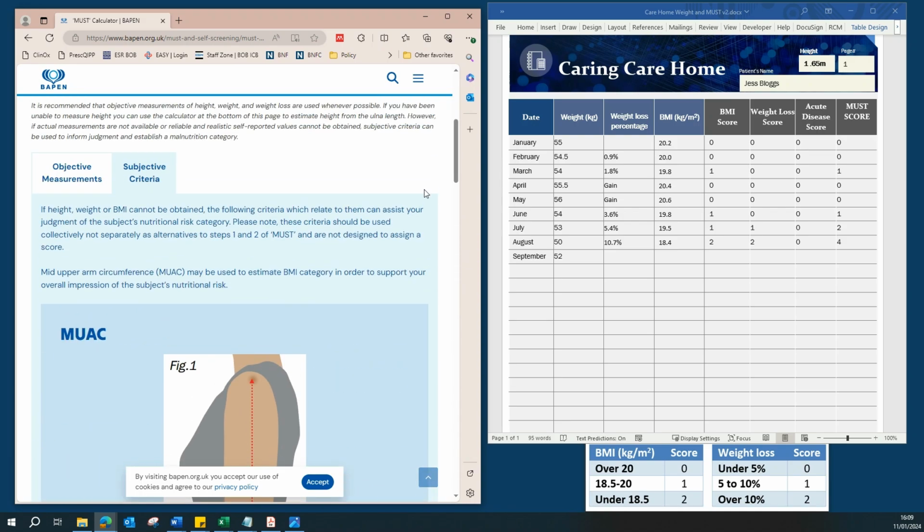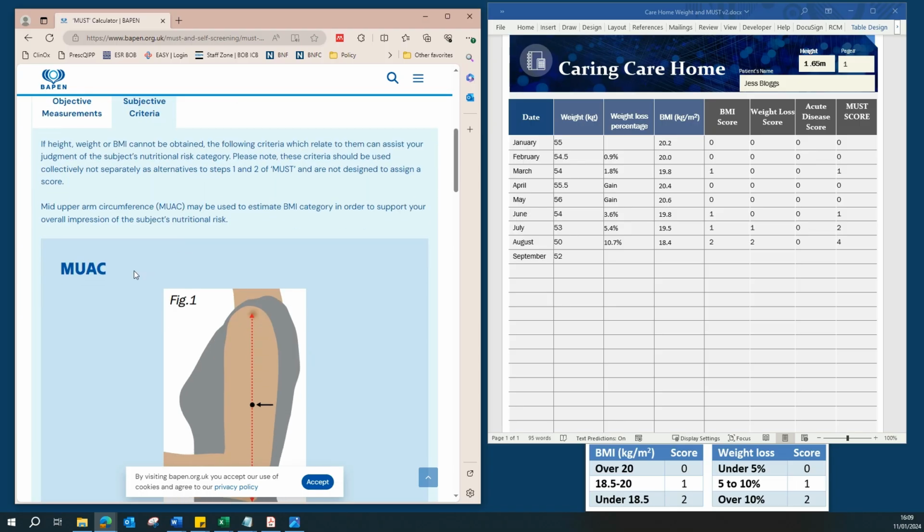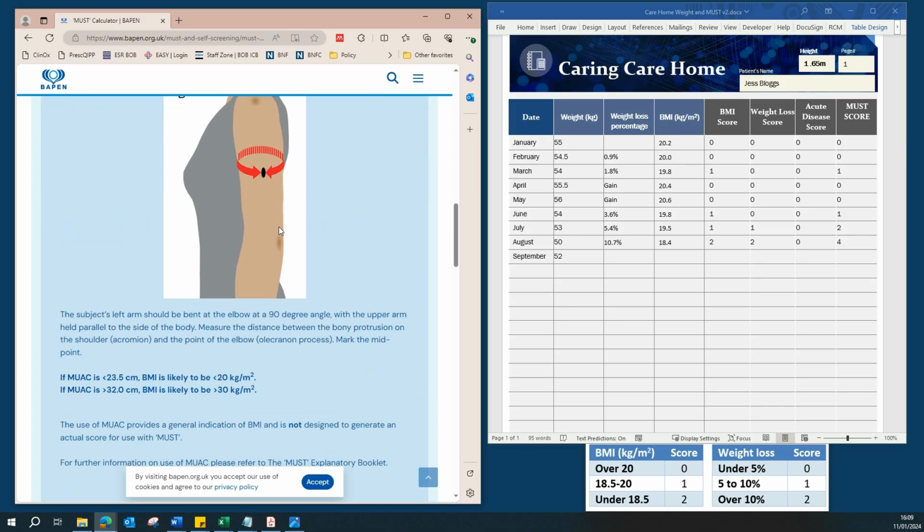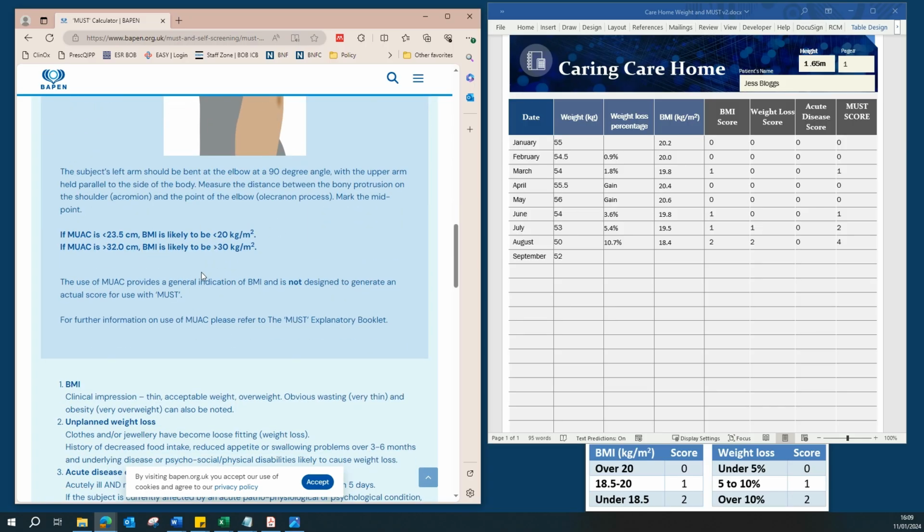They might be bedbound or they might refuse to be weighed. So there are directions here for how to measure a resident's mid-upper arm circumference, or MUAC. That can estimate if somebody's BMI is underweight or overweight, and it gives you a picture of somebody's nutritional risk, but it won't give a really detailed MUST score.